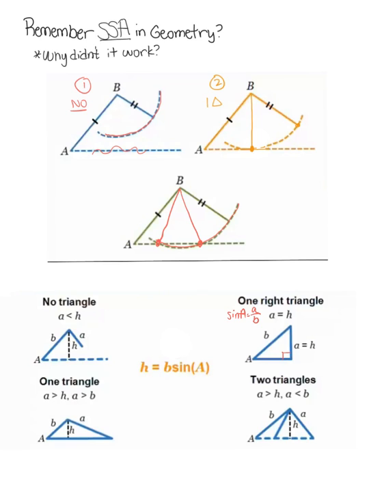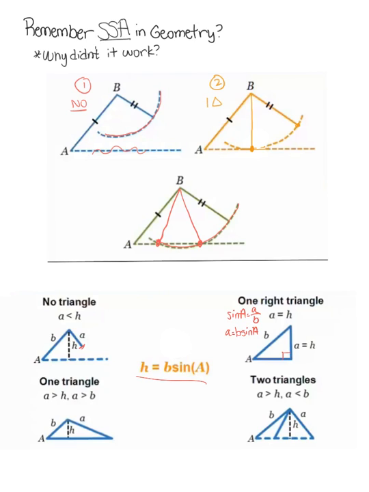Or if you're solving for a, you would get a is equal to b sine A. Or since a is h, then h is equal to b sine A. And that's one triangle.